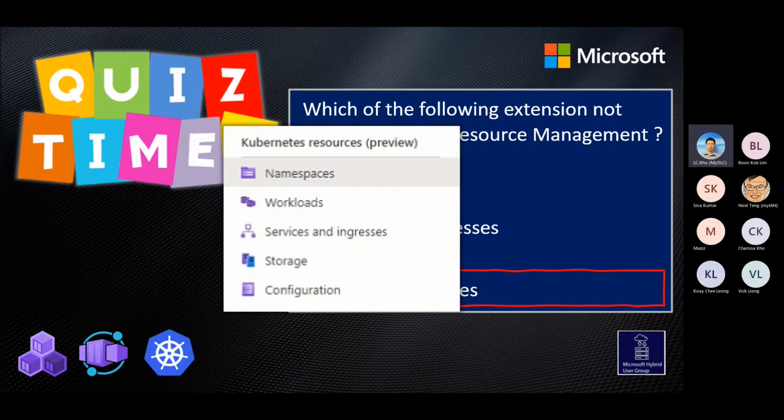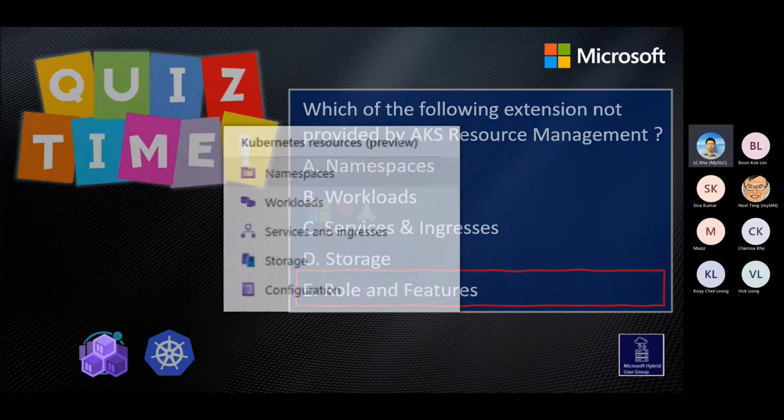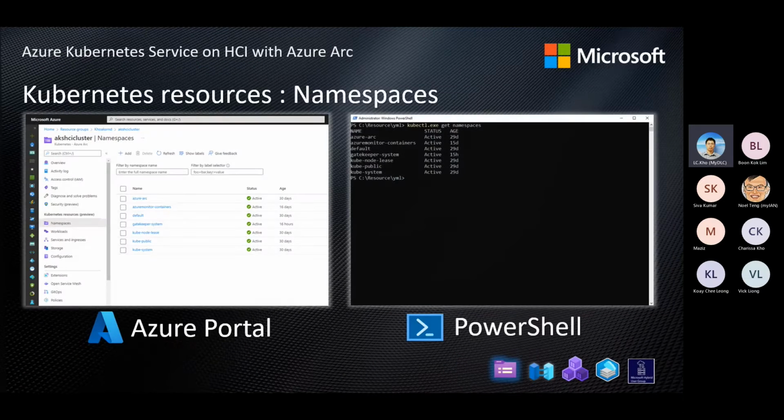With this interesting and amazing extension, we have a GUI environment to manage and monitor the AKS environment. Before that, all of this had to be done via PowerShell. So this is the example I wanted to show you. For example, the namespace.